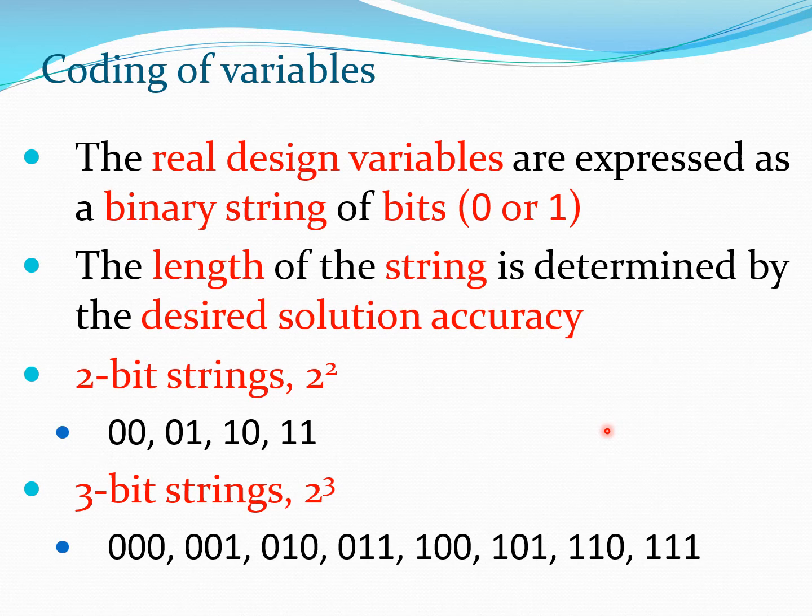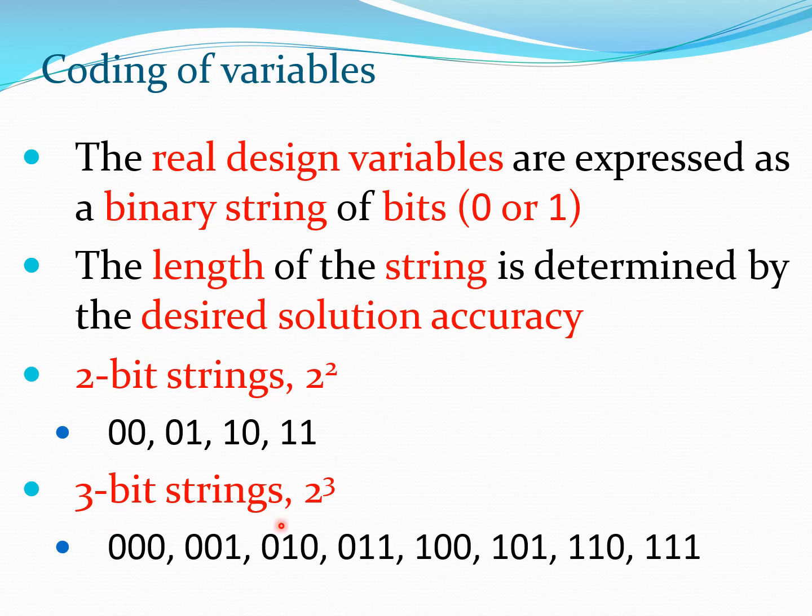So again, let us say you want to constitute strings out of 2 bits. That is, you have 2 places and you are permitted to use either 0 or 1 for any of these 2 places. So you can only get 4 strings here, and they will be 0 0, 0 1, 1 0 and 1 1. So you can see this is 2 square, that is 4 strings.